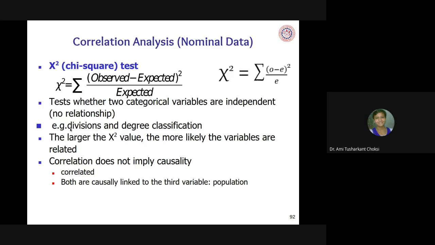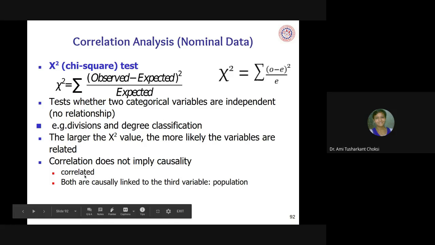For example, divisions and degree classification. The larger the chi-square value, the more likely the variables are related. Correlation does not imply causality.